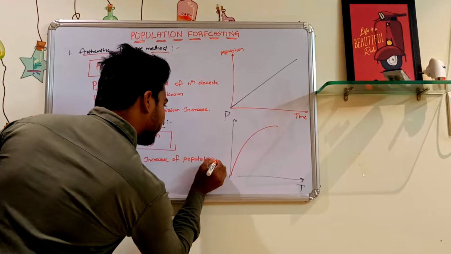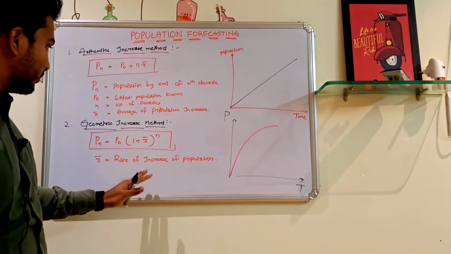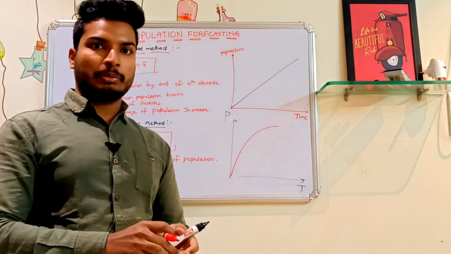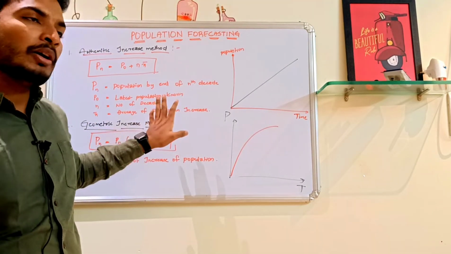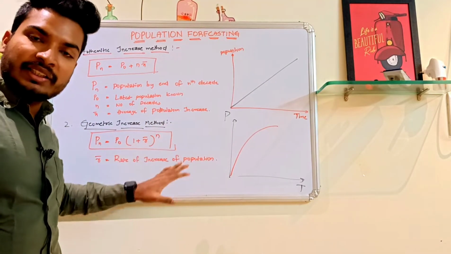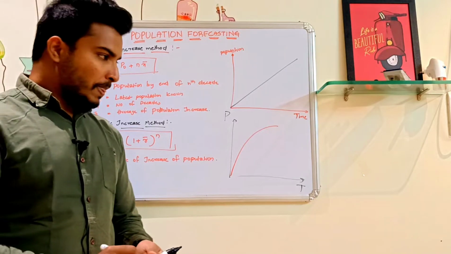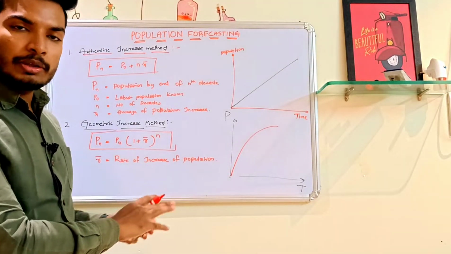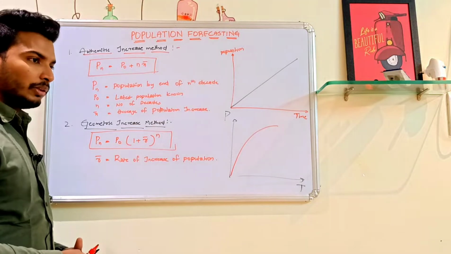So R bar is the term that we use in the geometric increase method, it is nothing but the rate of the increase of the population. Here in arithmetic it is just the increase in the population, here it is the rate of increase. So when solving the problems, you will be clear with this concept.